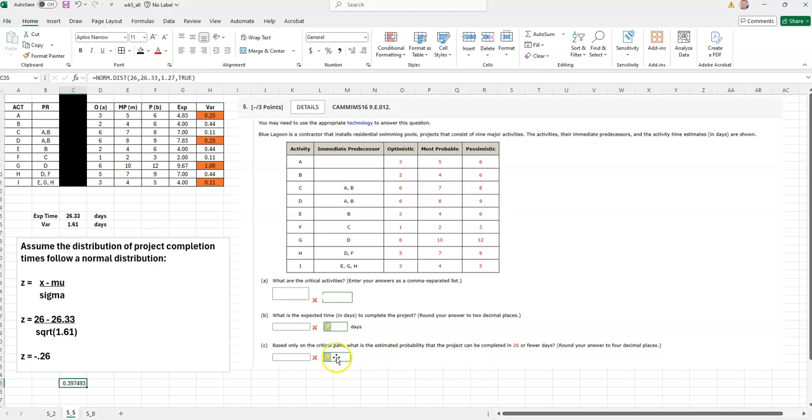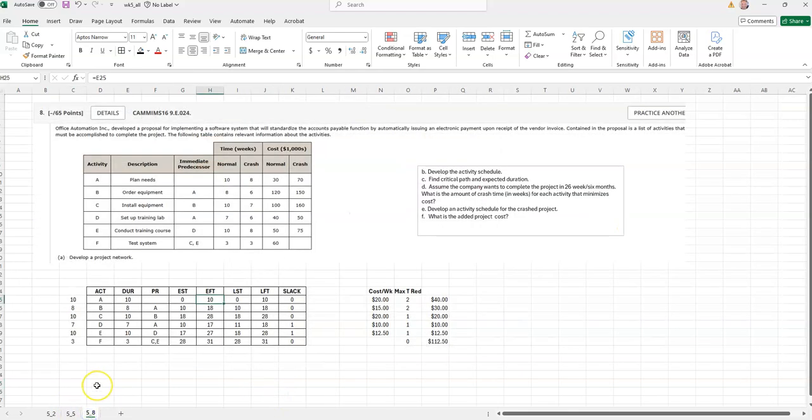So the probability that the project can be completed in 26 or fewer days is about 0.39. And like I said, if you look up the z-score of negative 0.26 in the z-table, you will confirm what I did for you here in Excel.